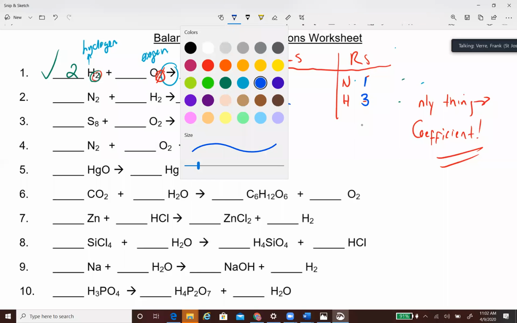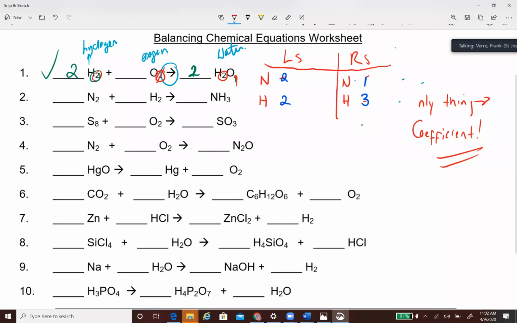Maybe I can think about multiplying nitrogen by 2, because 1 times 2 is 2, and that will give me the same number as the number of nitrogen on the left. But if I put a 2 in front here, that would mean now that I don't have 3 hydrogen. Now I have 6.